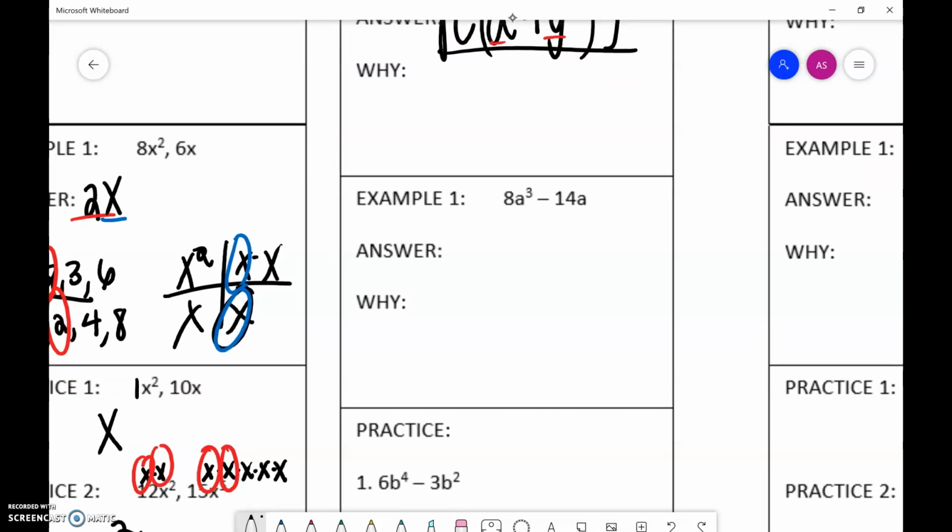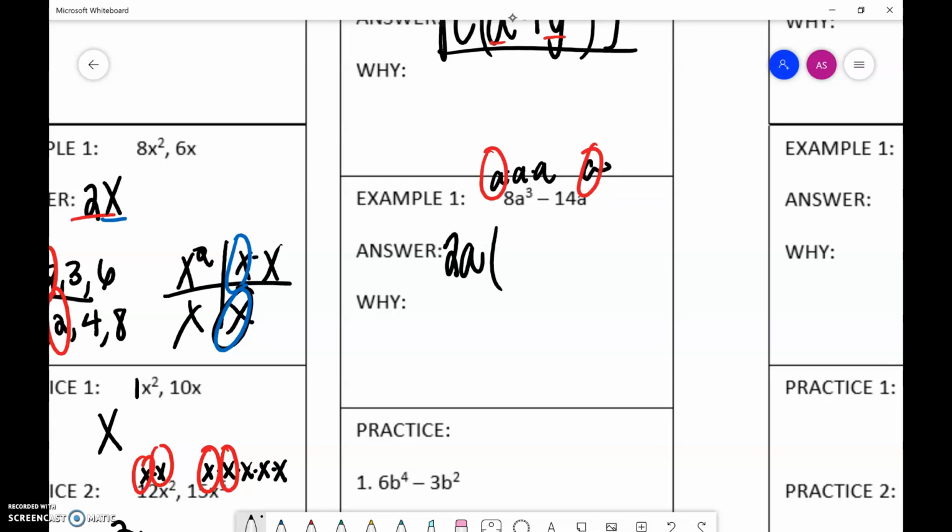My next one, I have 8a cubed minus 14a. Let's look at our greatest common factor. It will be 2a. Again, you're looking at 8 and 14 first, and then your a's. You have 3 a's here and 1 a here, so they have 1 in common, and that's why that 1a was able to come on the outside.